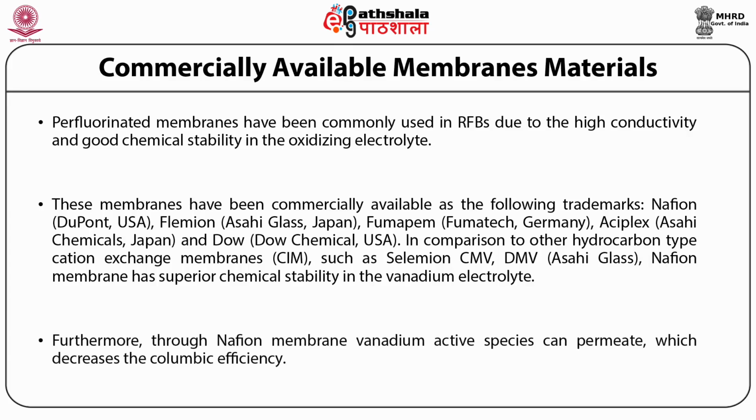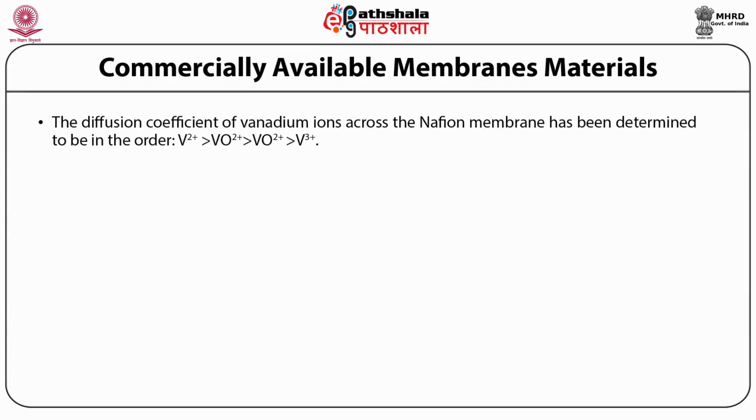Furthermore, through Nafion membrane, vanadium active species can permeate, which decreases the Coulombic efficiency. The diffusion coefficient of vanadium ions across the Nafion membrane has been determined to be in the order of V2+ greater than VO2+, which is greater than V3+.